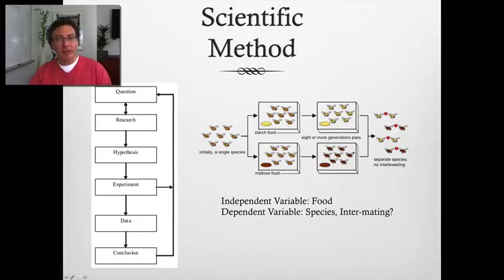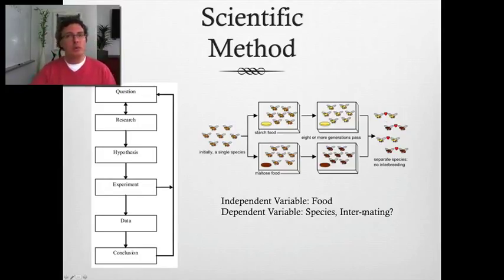According to that variable, the color of the Drosophila, you do indeed see a difference. And we also are curious about this intermating, because we know this is a marker of there being two different species. So we want to look at mating behavior to see how often they mate within species, or at least within food source, versus across food source.